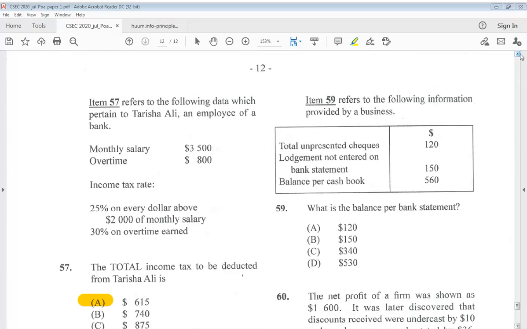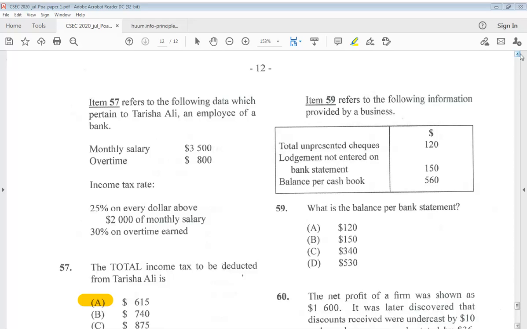Let's go to 59. Item 59 refers to the following information provided by a business. Total unpresented checks, $120. Lodgement not entered on bank statements, $150. Balance per cash book, $560. What is the balance per bank statement? So in our bank reconciliation statement, we have our balance as per cash book. We know that's $560.